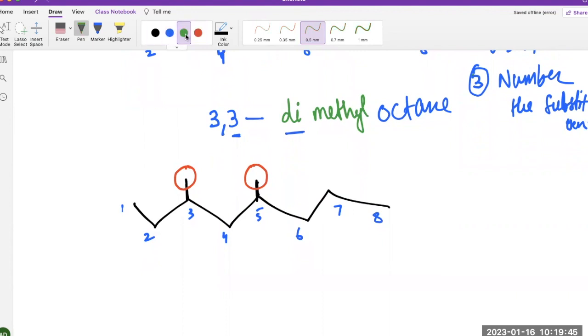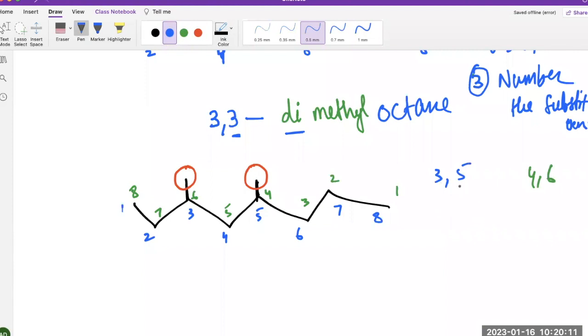If I go from right to the left, what do I get? If I go 1, 2, 3, 4, 5, 6, 7, 8. You see, the green side is losing because it's getting 4 and 6. The blue one is getting 3 and 5. So 4, 6 versus 3 and 5. 3, 5 is obviously better.